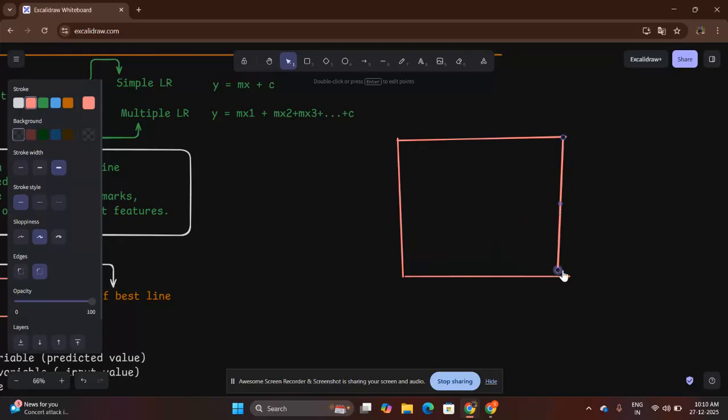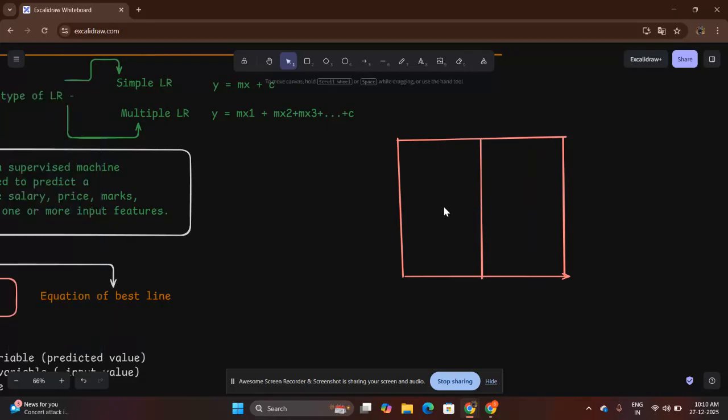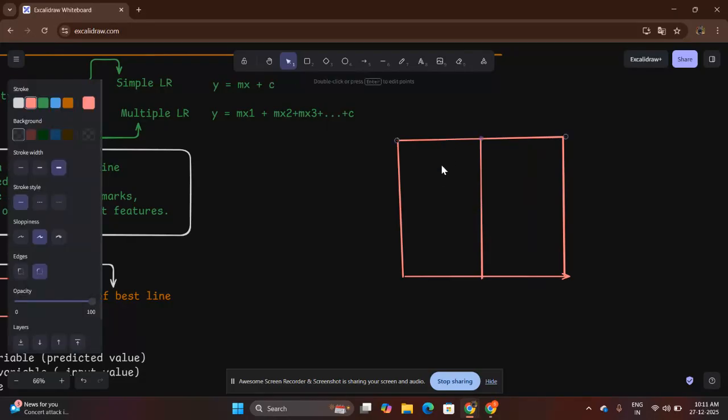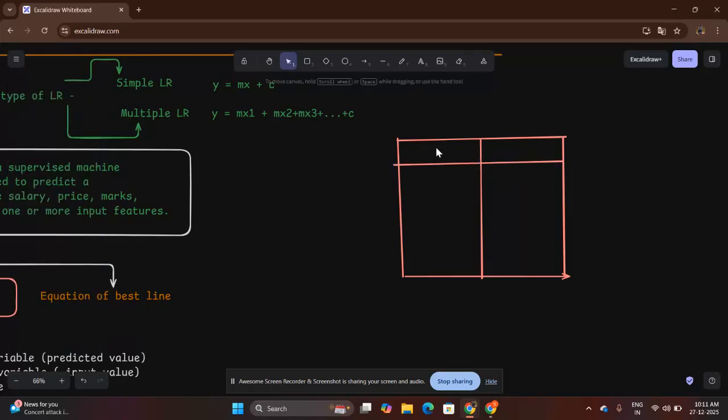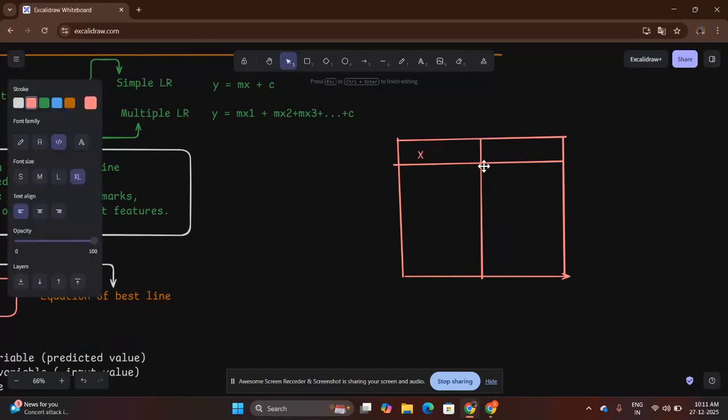The example is totally related to continuous data, because linear regression depends on continuous data only. And we are taking the example of simple linear regression.